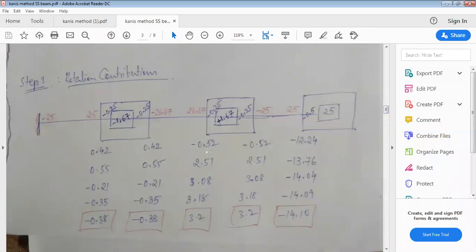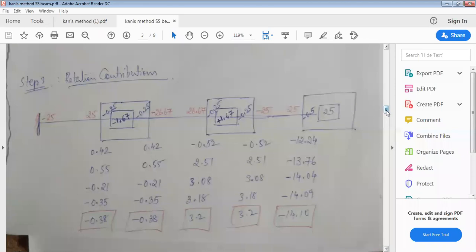And for this particular part, what is the rotation factor? Minus 0.25 into summation of movements at this joint, which is 1.67, and rotation contribution at far end, for BC it is this value, 0.42. So my calculation will be minus 0.25 into in brackets 1.67 plus 0.42.